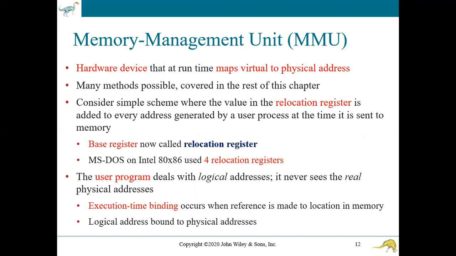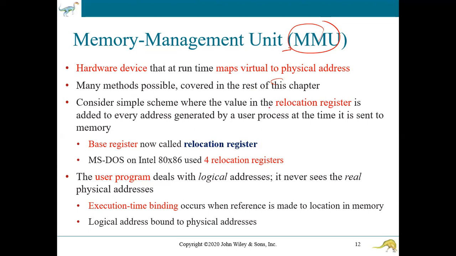At runtime, you are mapping the virtual address to the physical address, right? So memory management unit, MMU. This is a program in the operating system. MMU is one piece of code, right? It always works on memory management. Several methods are possible, and we are going to look at them.